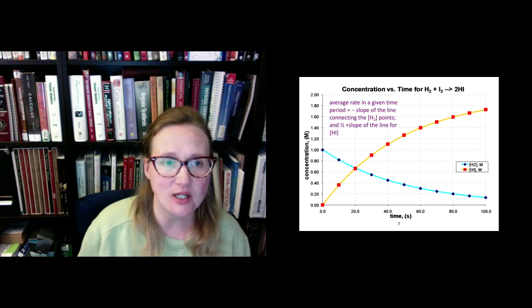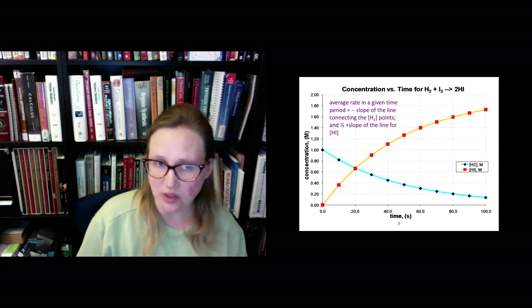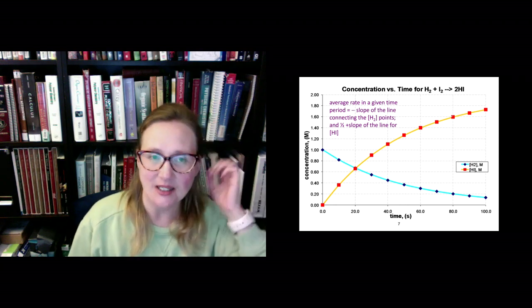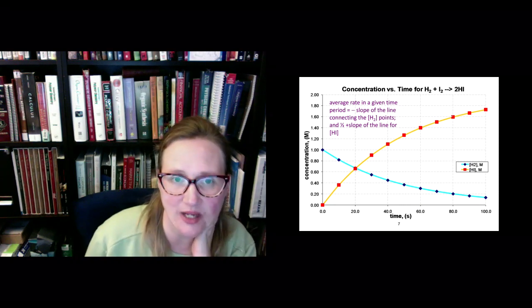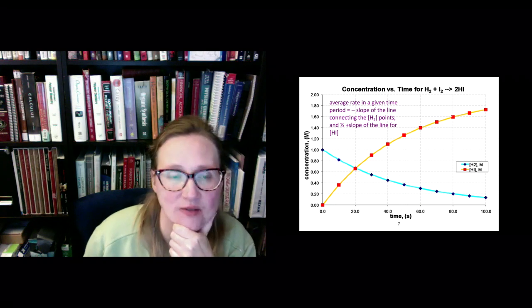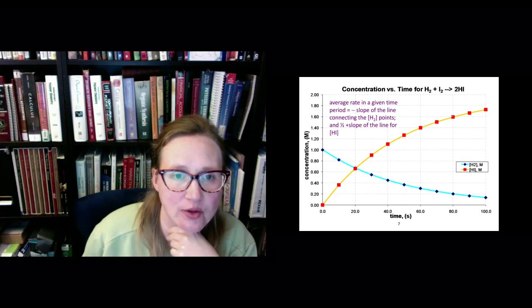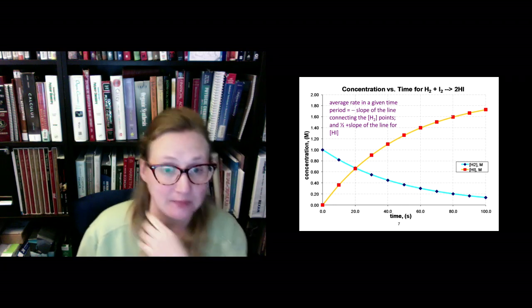So again, the average rate in a given time period is minus the slope of the line connecting hydrogen points. And so it's the negative slope because remember, hydrogen is going away, it is a reactant. Or we could look at the slope of the formation of HI, and so the average rate is going to be 1/2 times that slope.